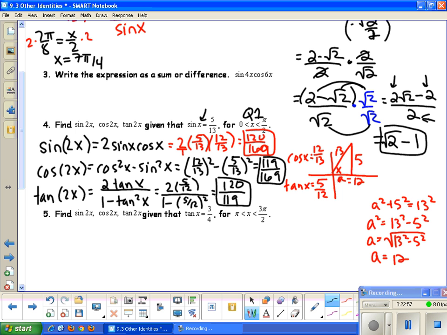I didn't even have to use my tangent formula. If I know my sine double angle and cosine double angle, the tangent double angle is the sine double angle answer over the cosine double angle answer. I could have divided these two solutions and gotten my answer. That would have worked as well.